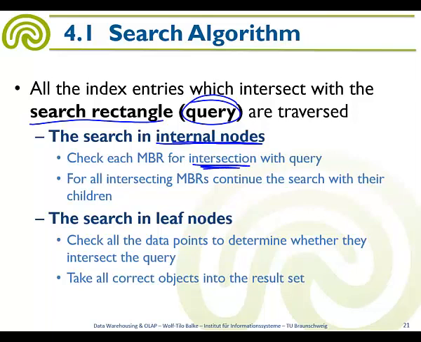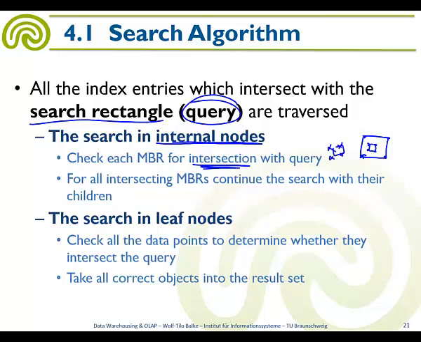The intersection with the query is a very easy operation, because you basically just need to compare the coordinates of the rectangle. So you can easily tell by comparing the coordinates if there's an intersection or no intersection at all.